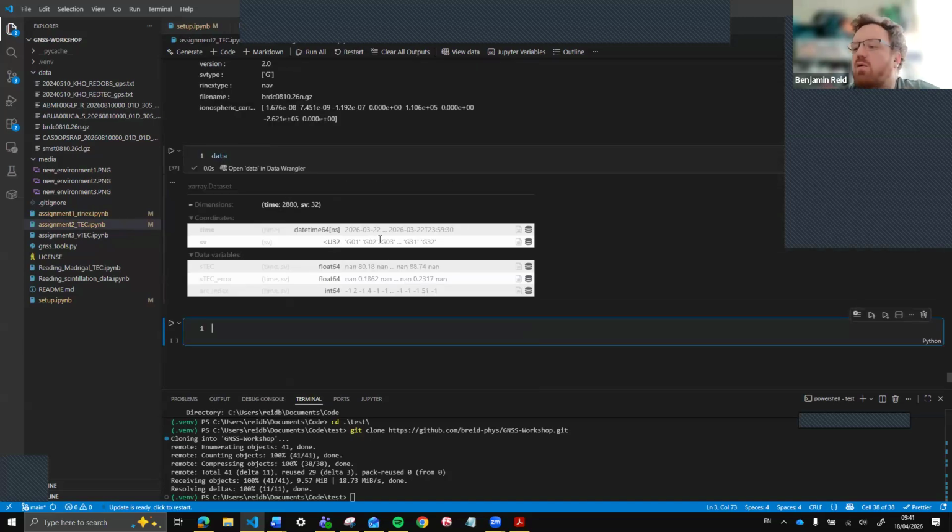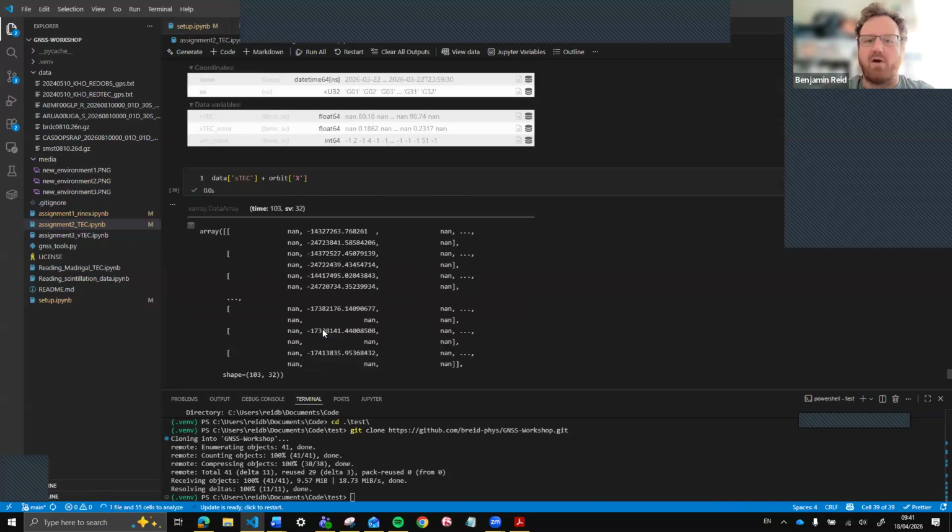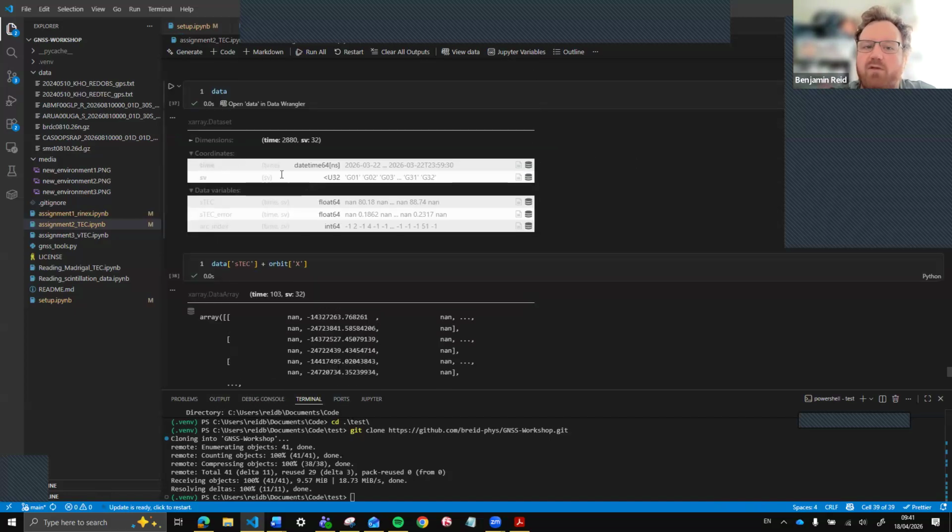It's smart enough to know that they're both datetimes, so you can do stuff with those things together. You could do data plus orbit. I think this should work. This doesn't really make sense, but it's smart enough to know what you're doing. It can figure out the slant TEC and the orbit are both dimensioned the same, so it can add them together even though they're in different structures.